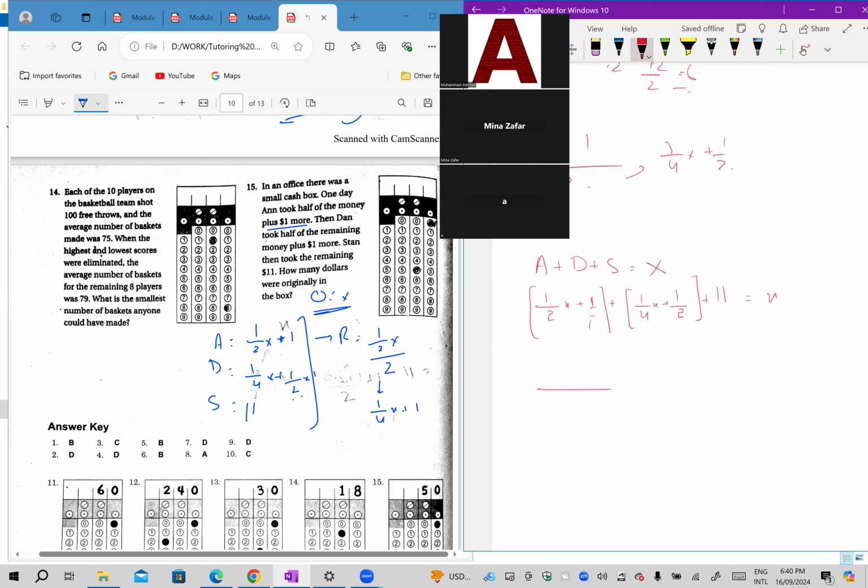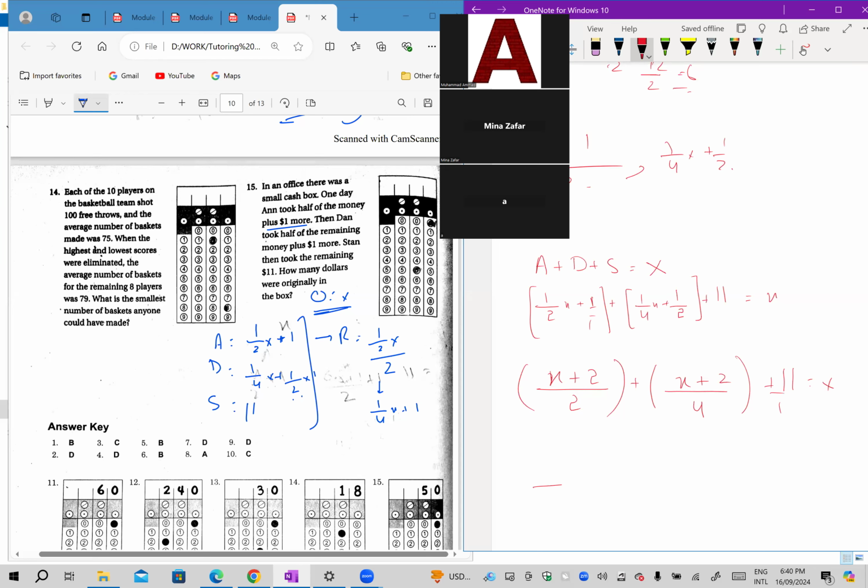Taking the LCM, this becomes 2x plus 2 plus x plus 2 plus 11 equals x.